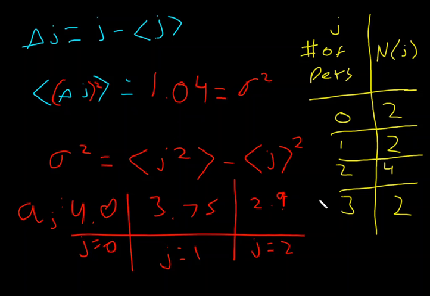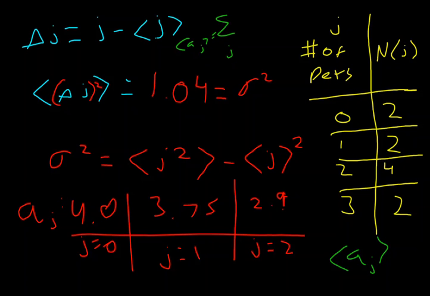So you add everything that has to do with j equals 0, and then it wouldn't really make sense because j is just a dummy variable. We wouldn't want the average value of j. We just want the average value of a sub j. And for the average value of a sub j, we just plug it into the formula.